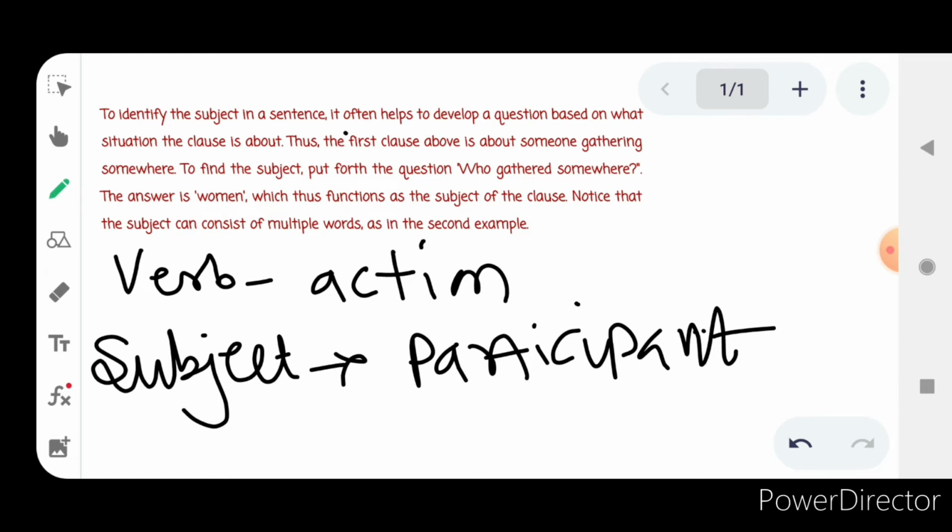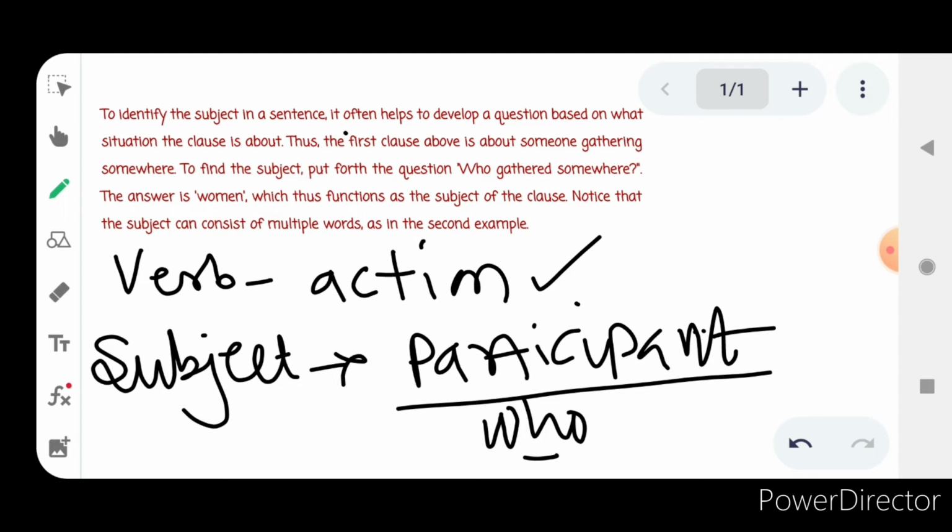Basically, if we ask who is the participant in this action, we will get the answer, and the answer is the subject.